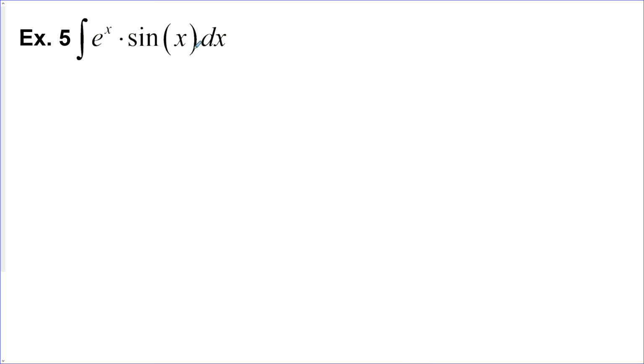For this question, it's extremely difficult to tell which we should make our u and which one we should make our dv. So if we take the derivative of e to the x, it'll just be e to the x. All right, well, that didn't get any worse. But if we take the derivative of sine x, it's just cos x, so that doesn't get any worse either.